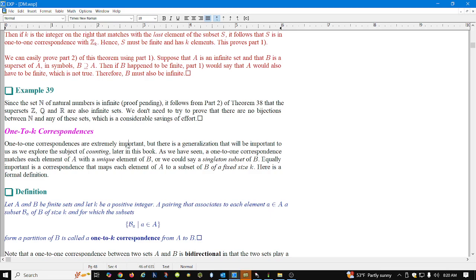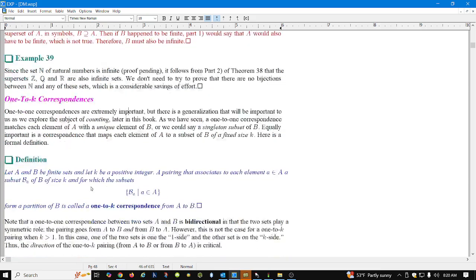As we've just seen, a one-to-one correspondence matches each element of a set A with a unique element of a set B. Or we could say it matches an element of A with a unique singleton subset of B. And equally important for counting purposes is a correspondence that maps each element of A to a unique subset of B of a fixed size K. So all the subsets matching with the elements of A have the same size K.